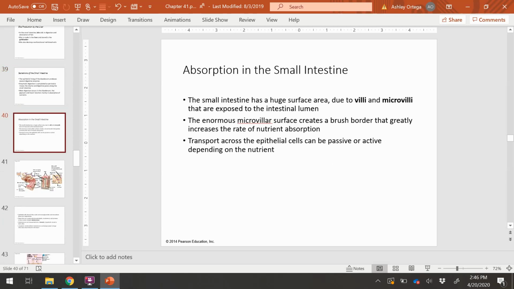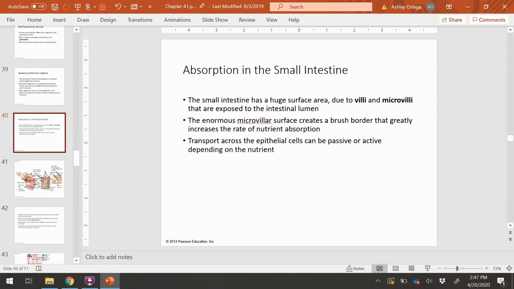To absorb the most amount of nutrients, the small intestine is going to have the largest surface area. This is due to several different things. The first one is villi. These are finger-like projections that are on the lumen or the cavity of the small intestine. And also microvilli. Microvilli will be on the individual cells.